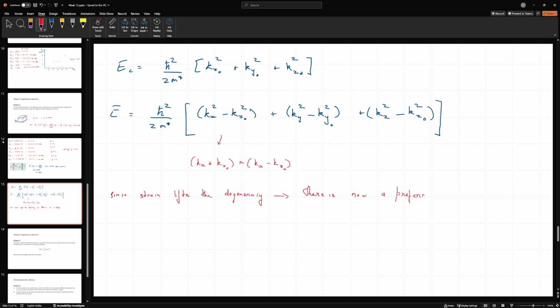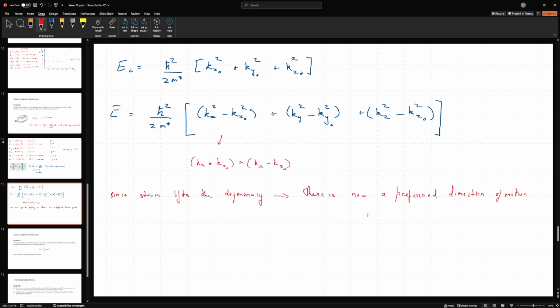Essentially, what I mean is, I'm not saying that one direction is preferred over the other directions, but an electron that is moving in a particular direction cannot scatter arbitrarily to another direction of motion.